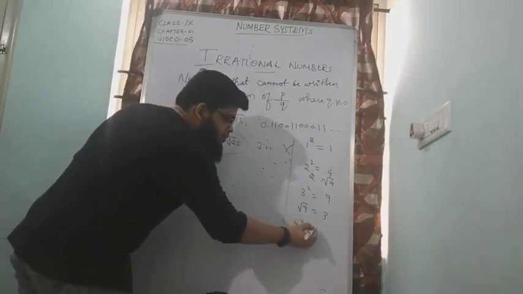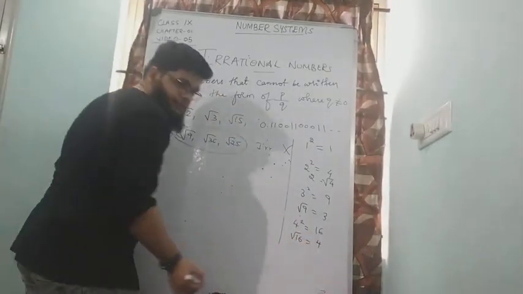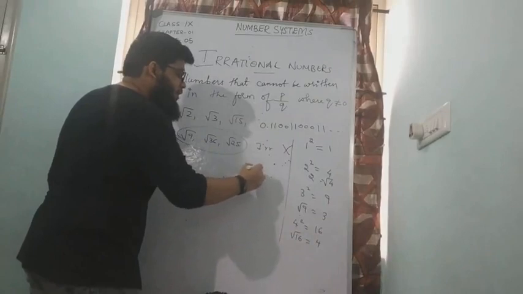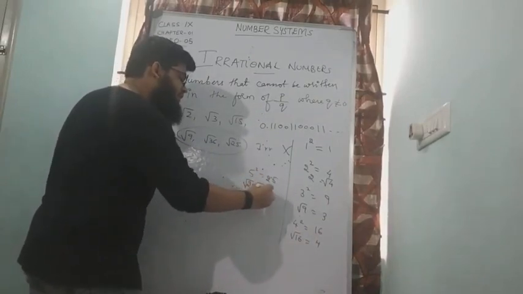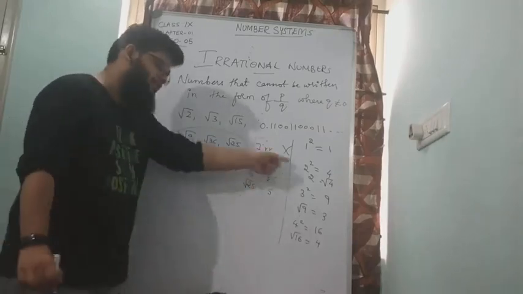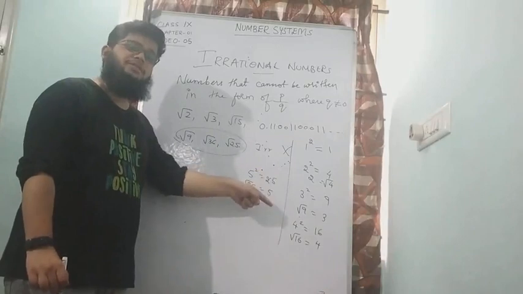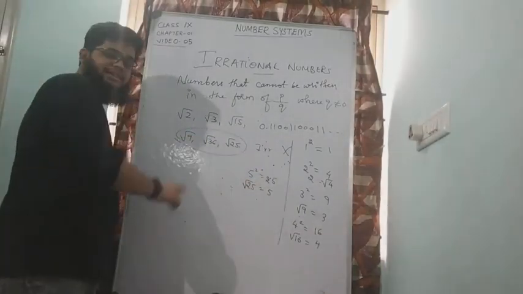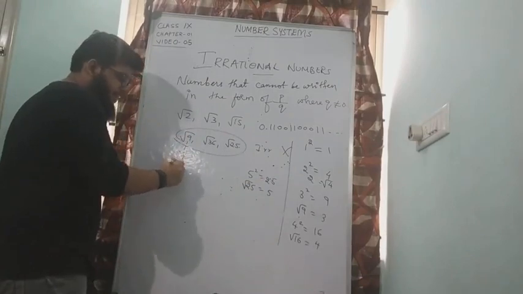4 square, what is 4 square? 16. Therefore, what will be the square root of 16? 4. Or take 25. What is 5 square? 25. But what is the square root of 25? 5. So the numbers which have a perfect square root cannot be called irrational numbers. Now, if you see, square root of 9 is 3.